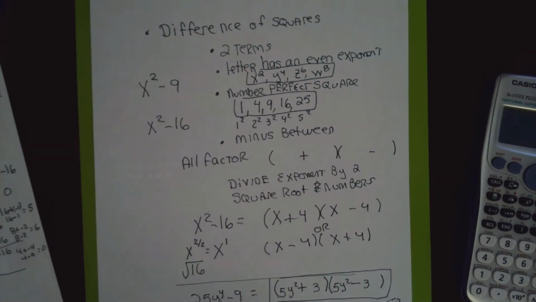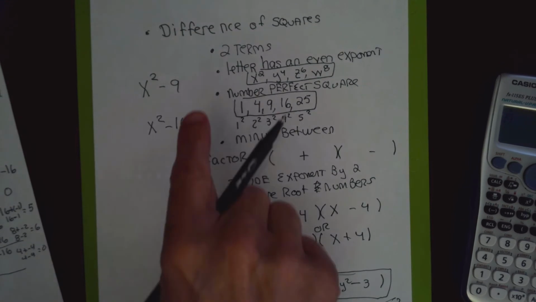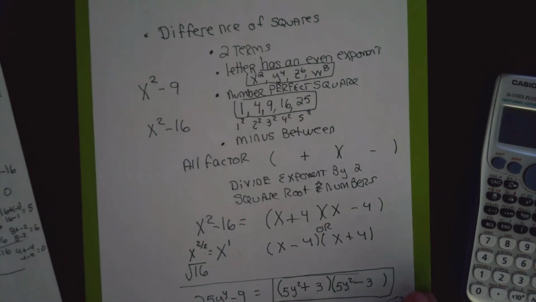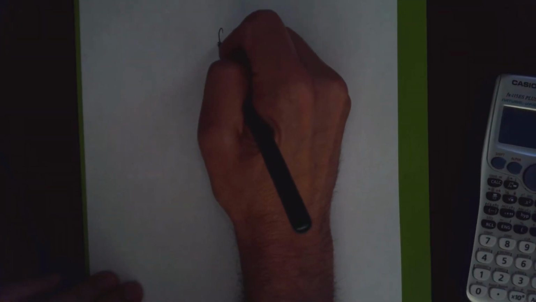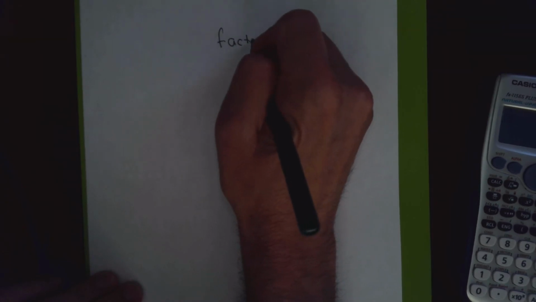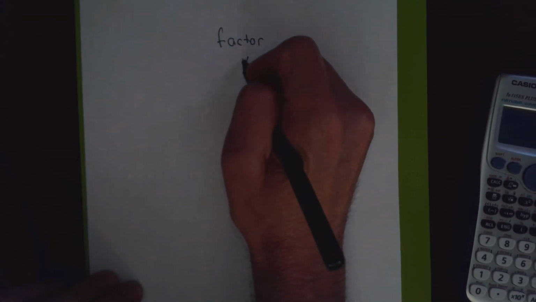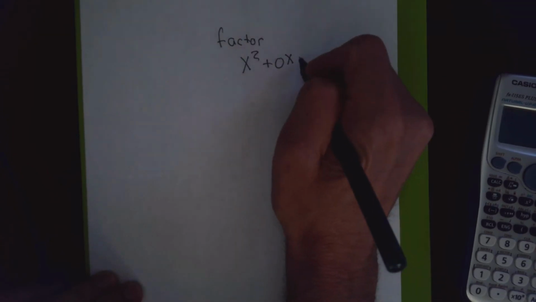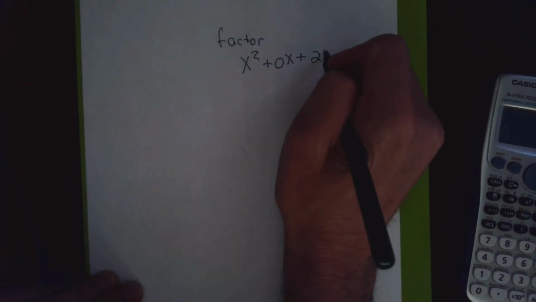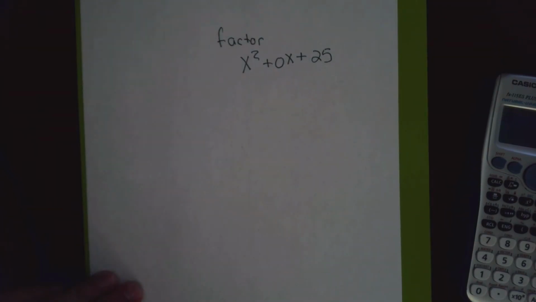So that's one of the two styles of problems that we need to learn how to factor in section 1.5. The other style of problem is going to be a sum of squares, and let me write some sample problems real quickly and try to motivate this. If I asked you to factor x squared plus 0x plus 25, I can sight factor this.